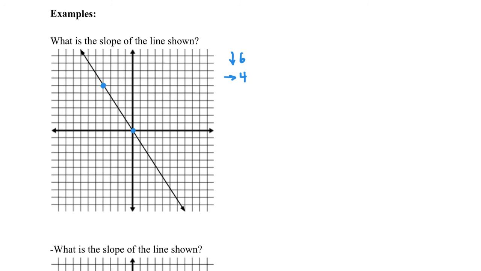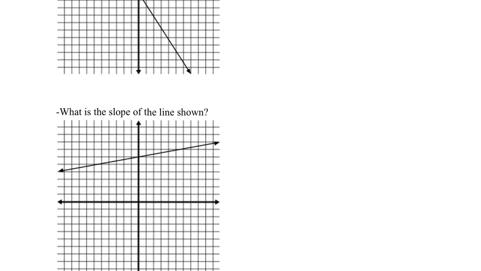So down 6 would be -6, and to the right would be +4. If I'm going down, I'm going to make it negative. If I'm going up, I'm going to keep it positive. And the bottom is always to the right, so we'll just keep that as positive. And now I can reduce that. Your calculator can reduce fractions for you, but this reduces to -3/2. And that's going to be the slope of that line.